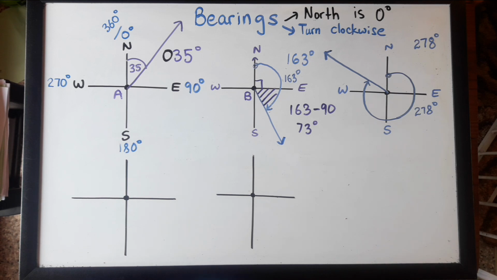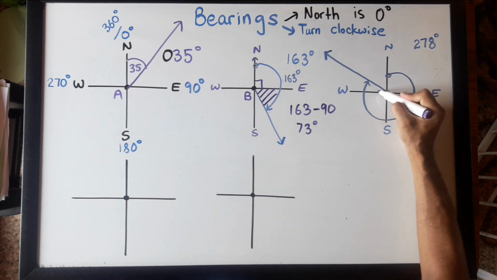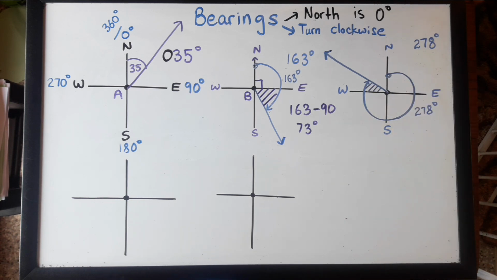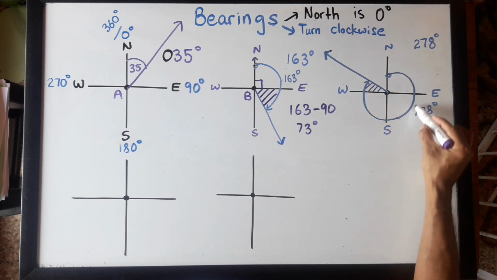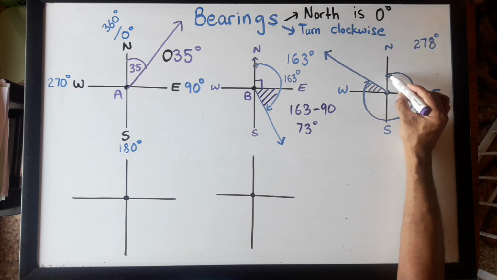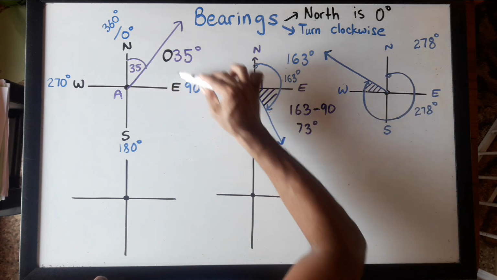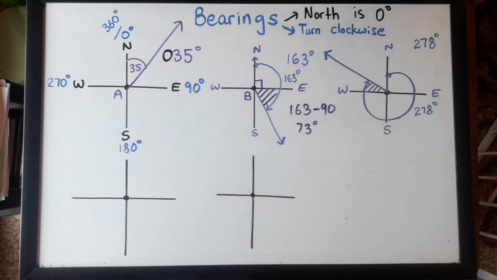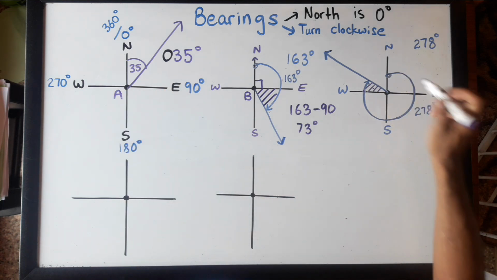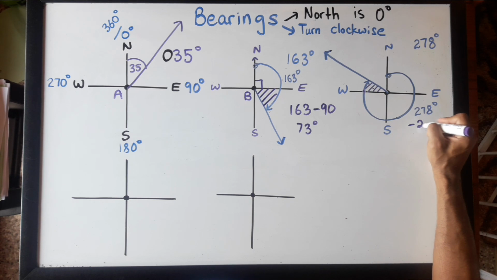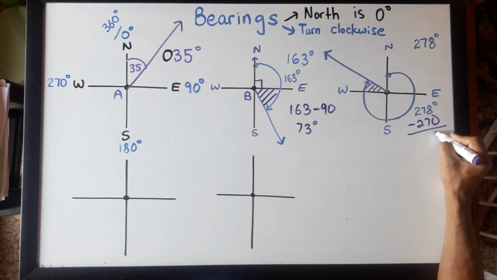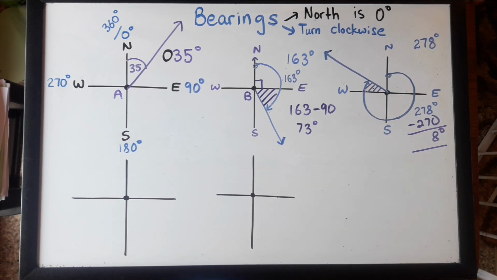So once again, if I were to ask you, what's the size of this little small pizza slice here, that angle? If the whole thing is 278, and from north all the way to west is 270, that means that this angle here is 278 minus 270, which is 8 degrees. So this little small shaded angle there is 8 degrees.